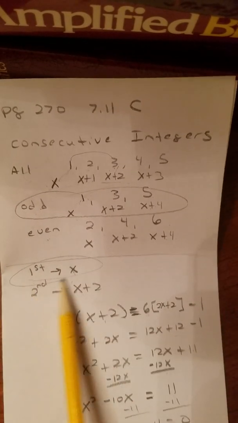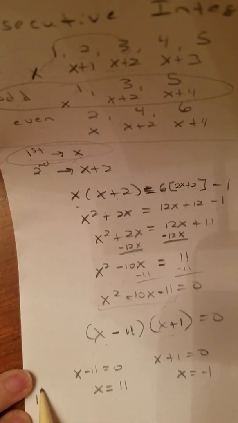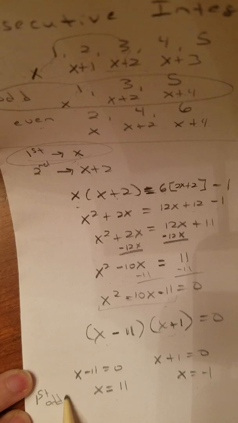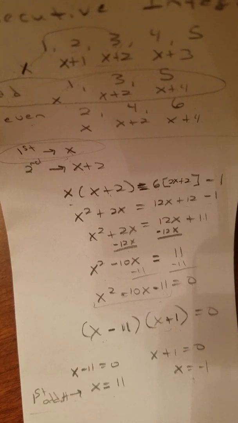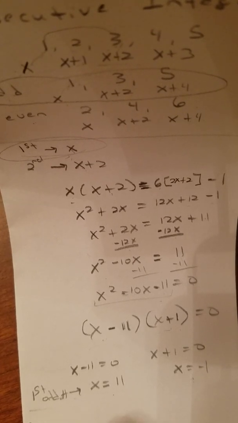Now what was x? Remember, x represented my first odd number, right? So these here were my first odd number. Now I need to find out what my second odd number is.